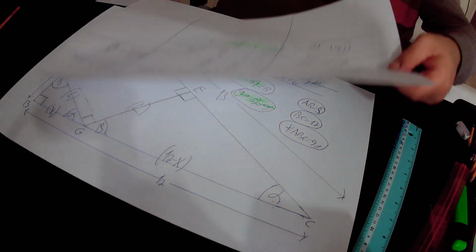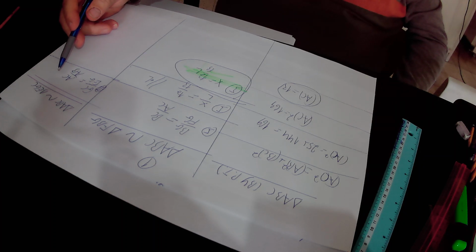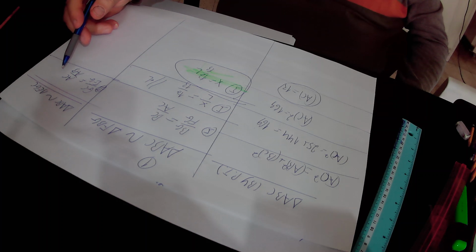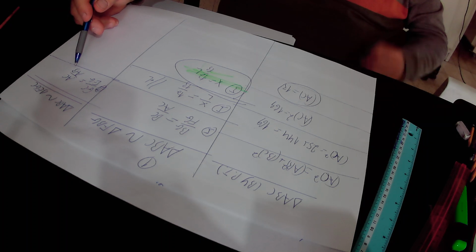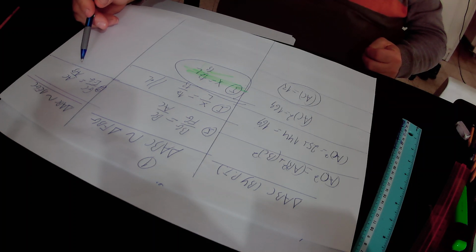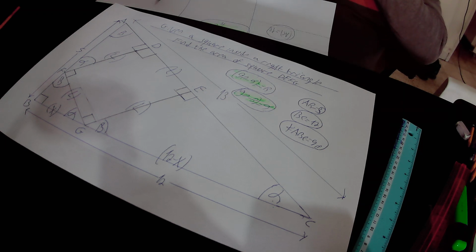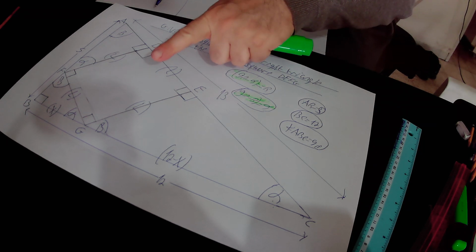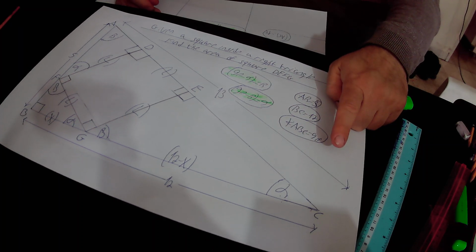Again, because the right big triangle ABC is similar to the right triangle EGC, the following relationship exists between their sides. Side GC over side EG equals side AC over side AB. So GC equals 12 minus X over EG.